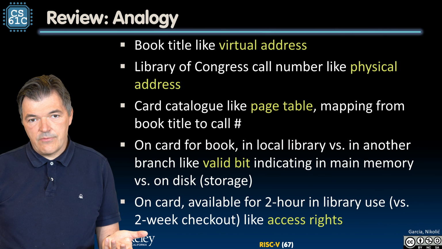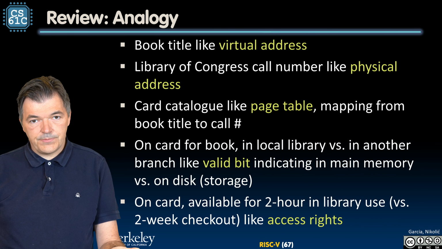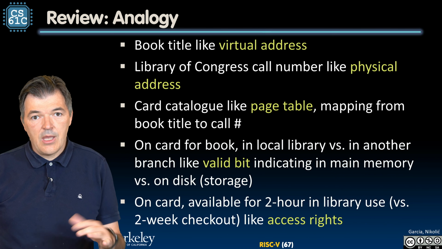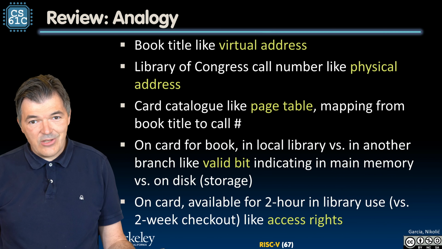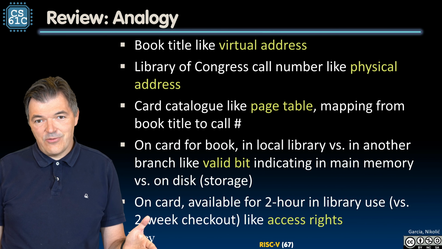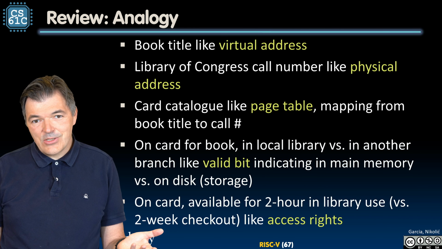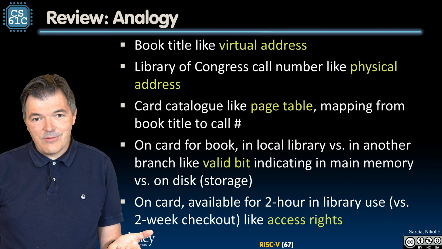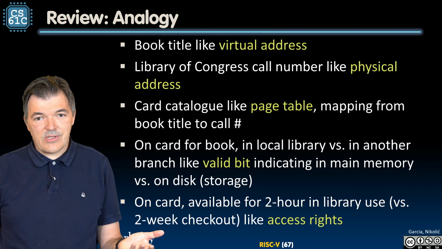So when we refer to a book, we refer to it by its title. But going to the library straight for the bookshelves to try to find that book is usually not going to yield a reasonable result. We may not find the book just going straight for the stacks.